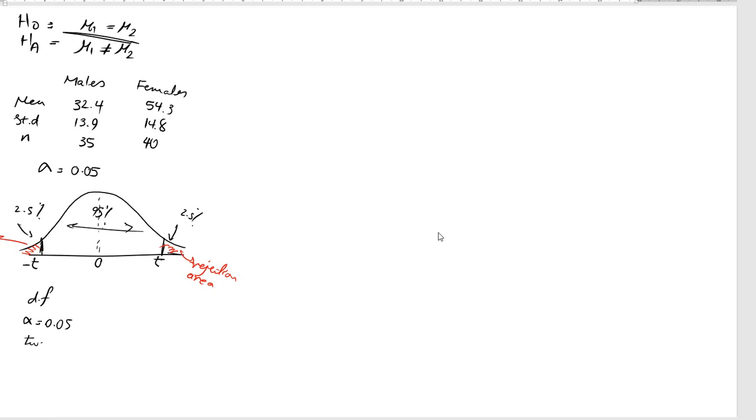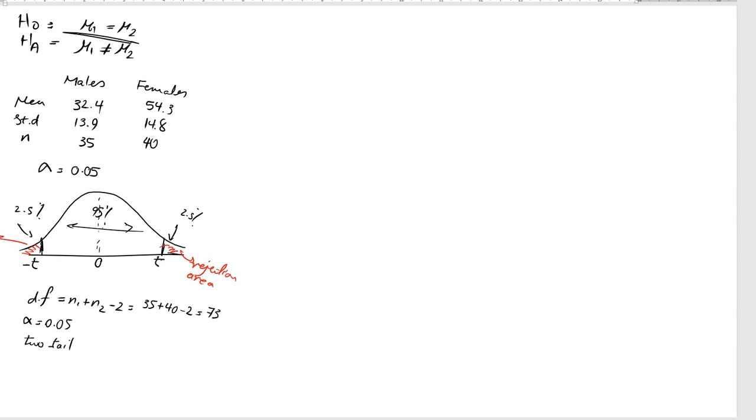It's a two-tailed test. So what is the degrees of freedom? When you have two independent samples, degrees of freedom is n1 plus n2 minus 2, which is 35 plus 40 minus 2, which is 73.